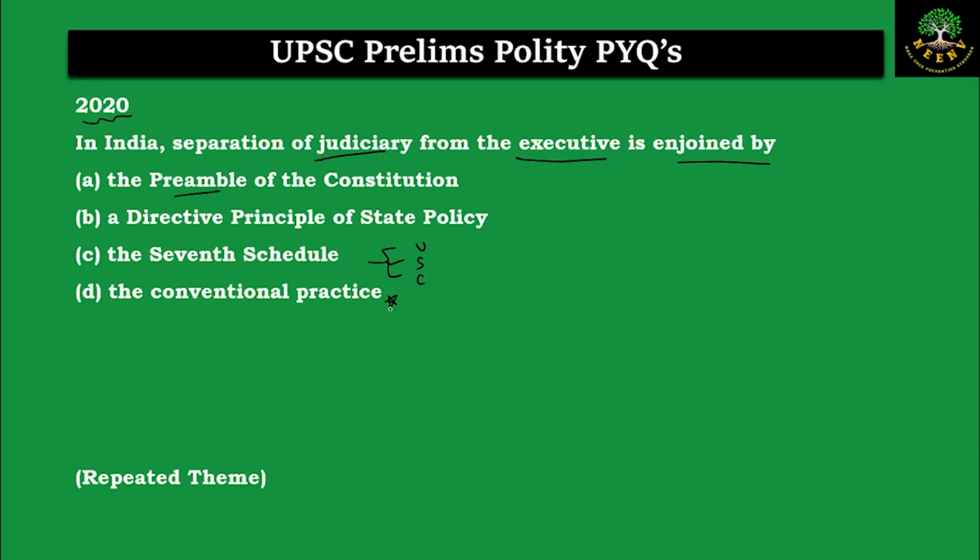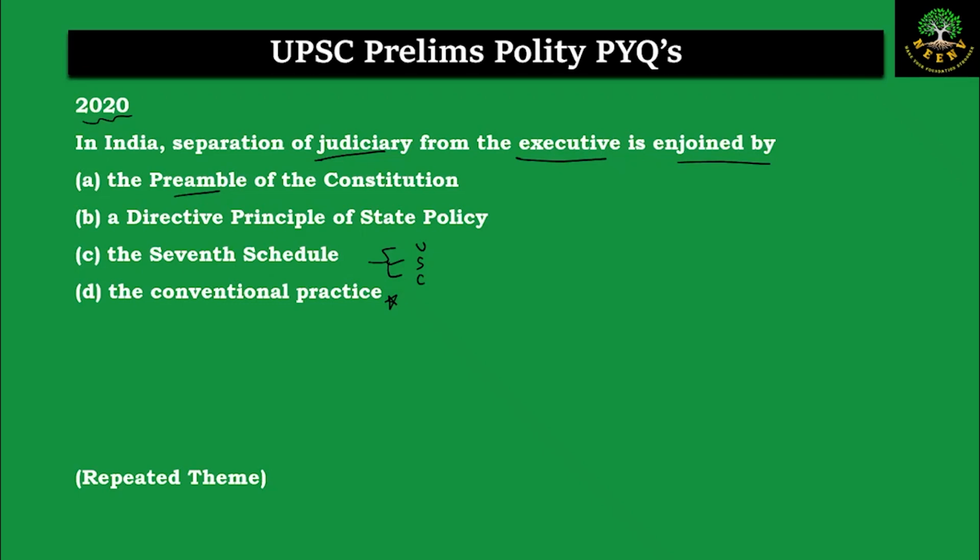And there are certain parliamentary practices also, even though they are not mentioned in the constitution or the rules of procedure of both the houses, we still follow them due to convention. Now this question is asking where the provision of separation of judiciary from the executive is mentioned.